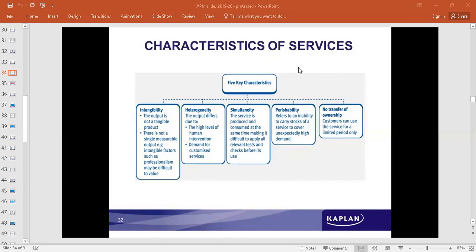So there are 5 attributes or characteristics of services. First one is intangibility, then heterogeneity, customized, simultaneity, that is as it is being produced, it has to be consumed. Otherwise, it has that attribute of perishability and it cannot be transferred. The ownership cannot be transferred. So no transfer of ownership.